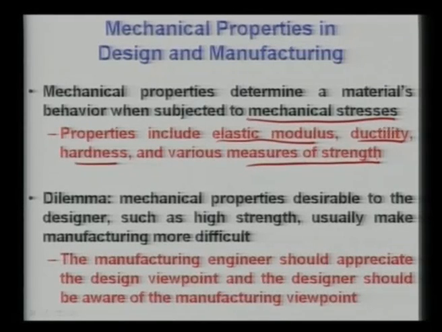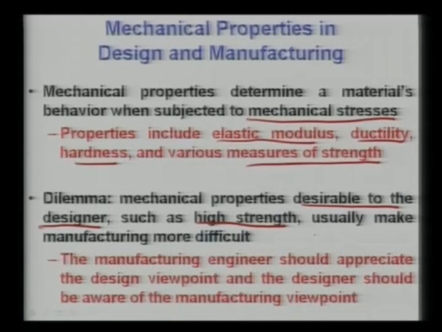Now therefore this mechanical property determination or mechanical testing is important. Now the mechanical property desirable to the designer, that is who designs different materials, is high strength, and this usually makes manufacturing more difficult, because if you take a very high strength material, then to process the material to a particular shape becomes more and more difficult, because you require a very large capacity rolling press or forging press to deform that material, because the material itself has very high strength.